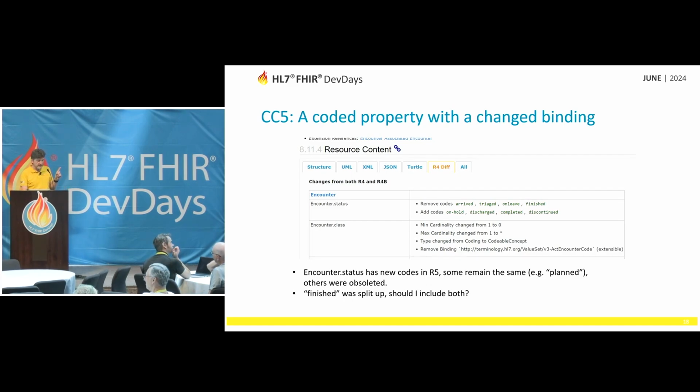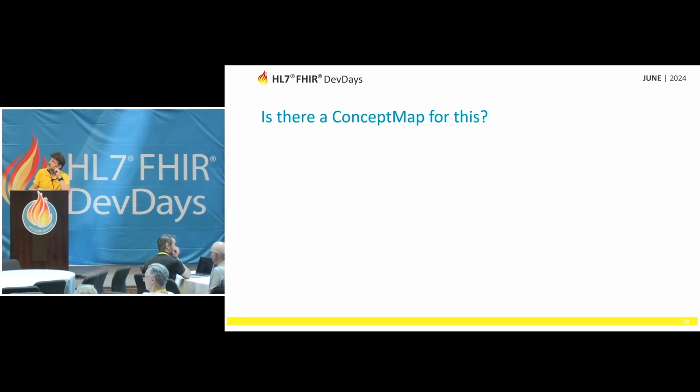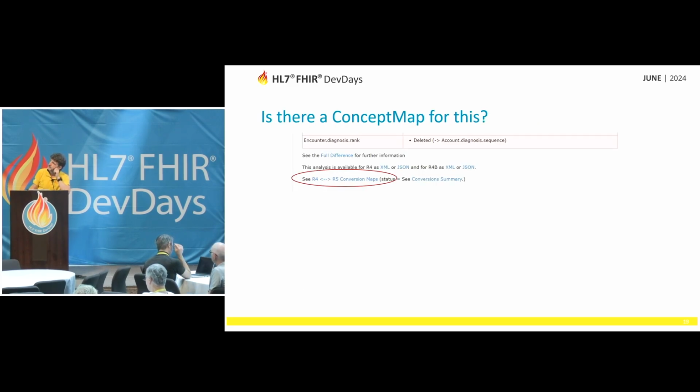Now, this is something that I'd love to let you see in the browser, but luckily I got a few slides here. If you go to your resource of choice on the FHIR website, so you go to Encounter, and then you click on the diff tab, the diff R4 tab, then you'll see which elements have changed, and at the bottom there are the R4 to R5 conversion maps.